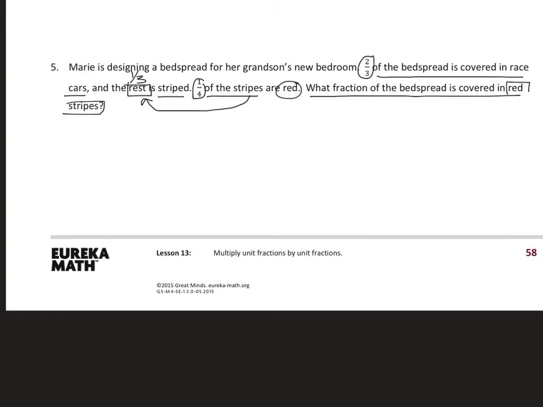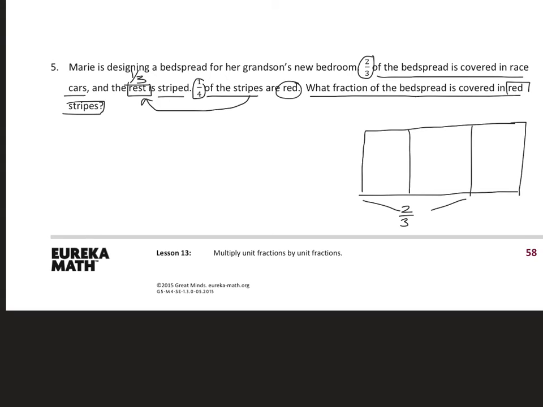So let's do a little modeling really quick. Let's pretend this is the bedspread. And we know first that 2/3 of the bedspread is covered in race cars and the rest is striped. So let's go ahead and divide this up into thirds. So here we can label this 2/3 is the race cars.